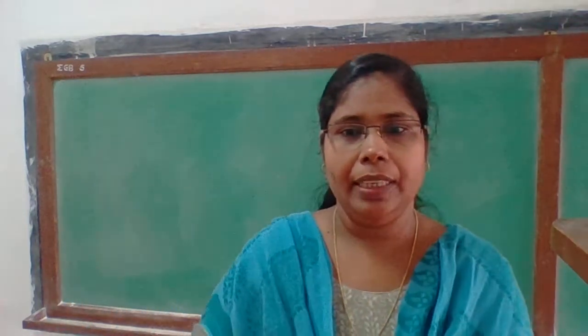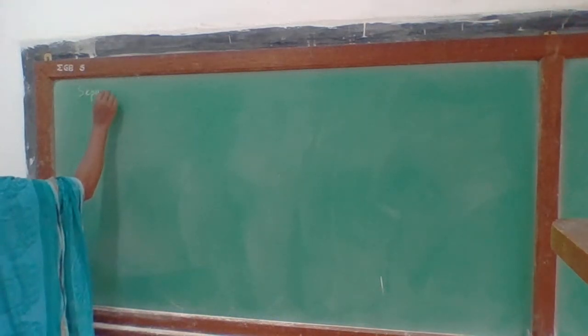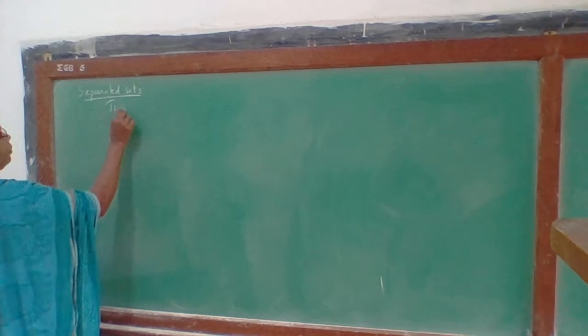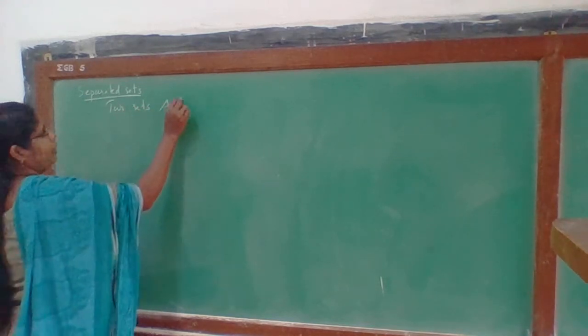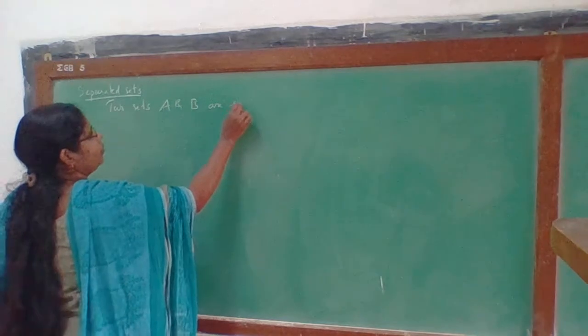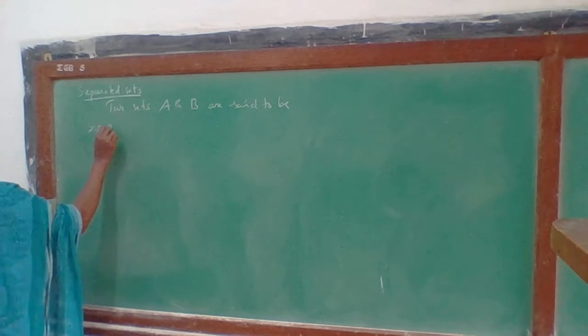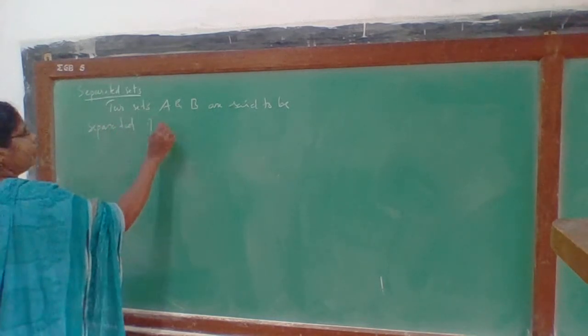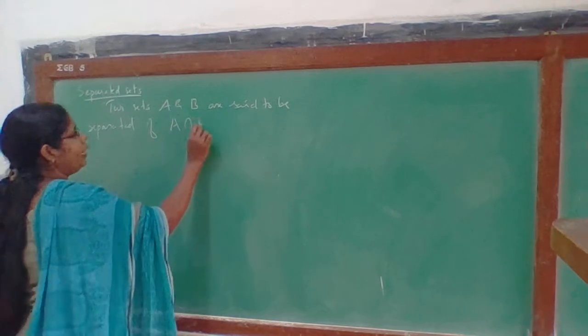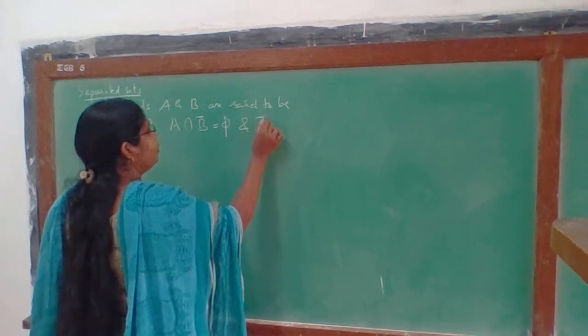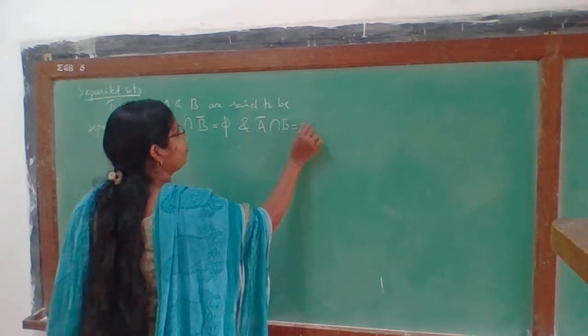That is by defining separated sets. So what do we mean when sets are separated? We have two sets A and B said to be separated if they satisfy this relation: A intersection B closure is empty and A closure intersection B is empty.